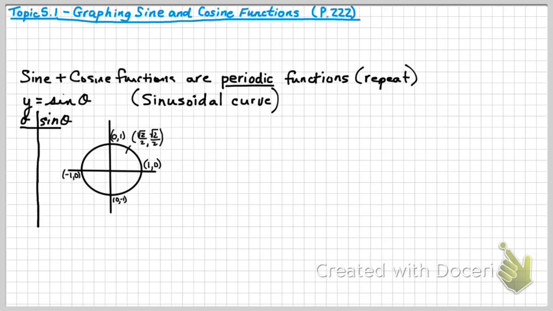We can put down our theta and sine theta. When our angle is 0, sine theta is 0. When it's pi over 4, sine is root 2 over 2. As we move around the circle, when we get to 90 degrees, or pi over 2, the sine of theta is equal to 1.